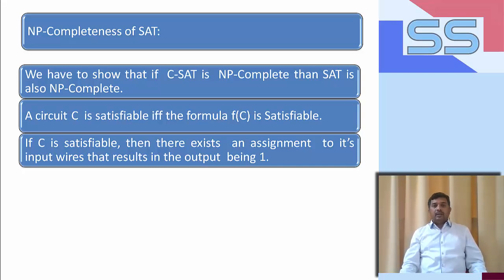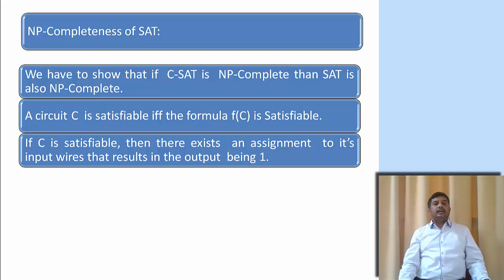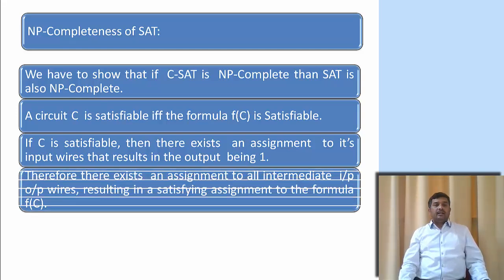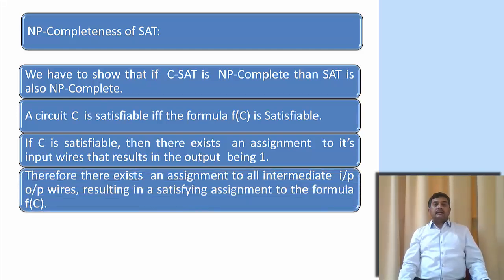So based on the input wires, we can find out when the value of this circuit becomes 1. Therefore, there exists an assignment to all the intermediate input-output wires, resulting in a satisfying assignment to the formula f of C.